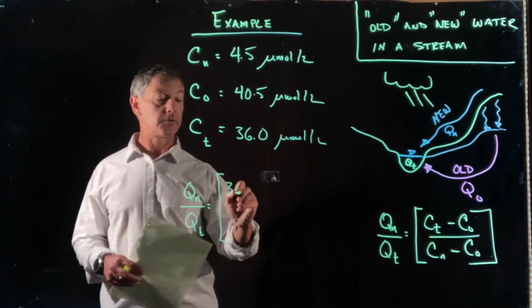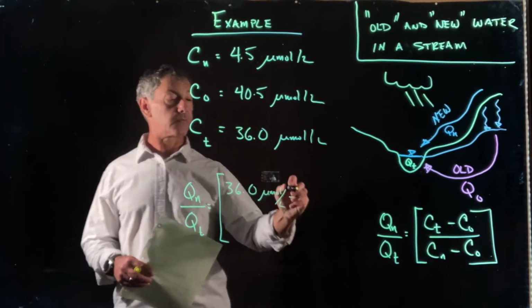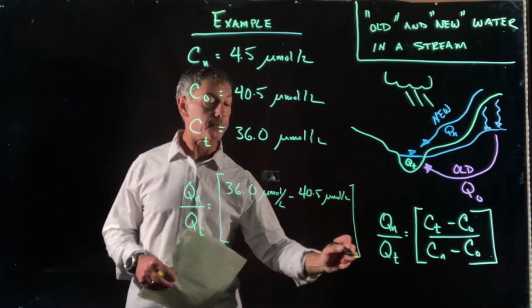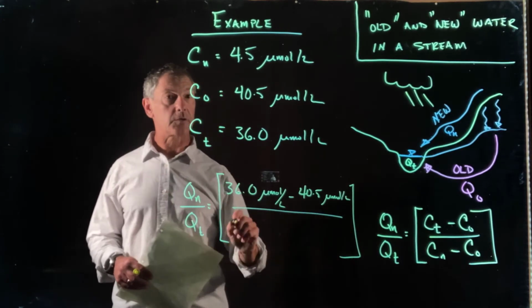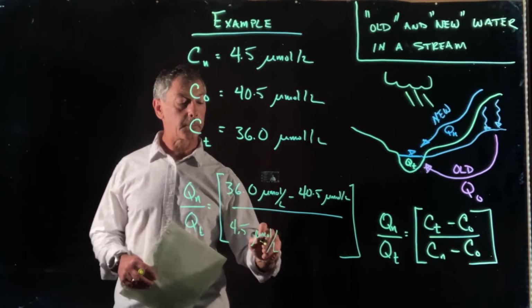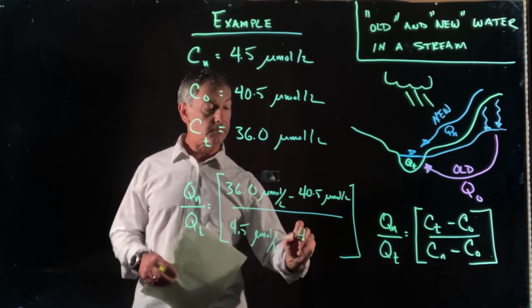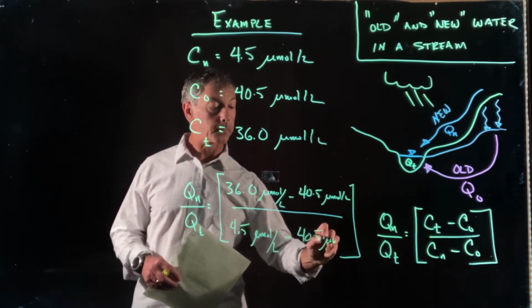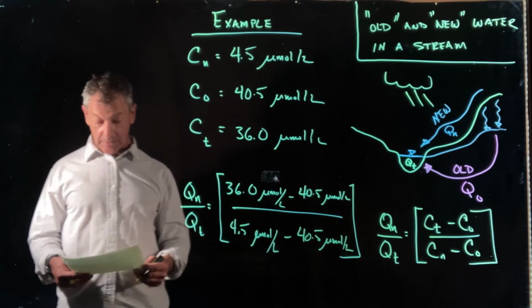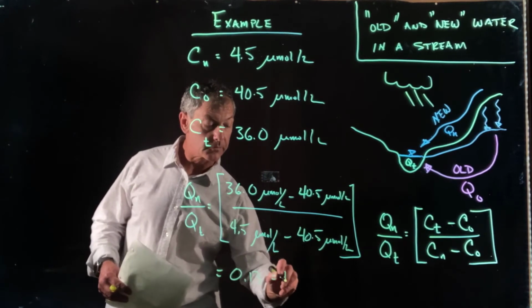So we have 36.0 micromole per liter minus 40.5 micromole per liter, divided by the new water, which is 4.5 micromole per liter, minus the old water again, which is 40.5 micromole per liter. And if I calculate that out, I get 0.13, which is, of course, 13%.